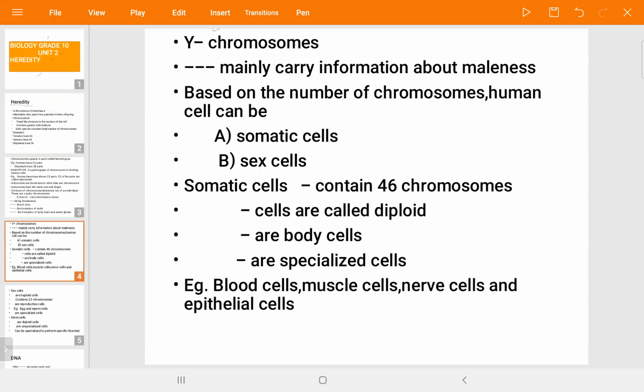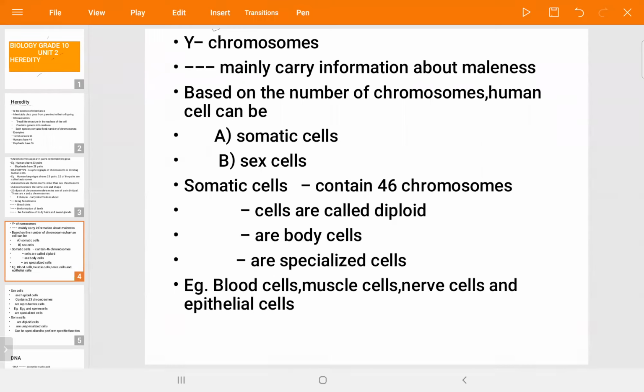Good. Based on the number of chromosomes, a human cell can be a somatic cell or a sex cell. Somatic cells are body cells. They are specialized cells. They contain genetic material of the father and genetic material of the mother, and they are called diploids. Why are they called diploids?